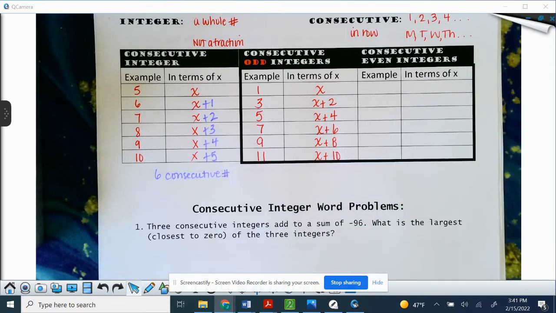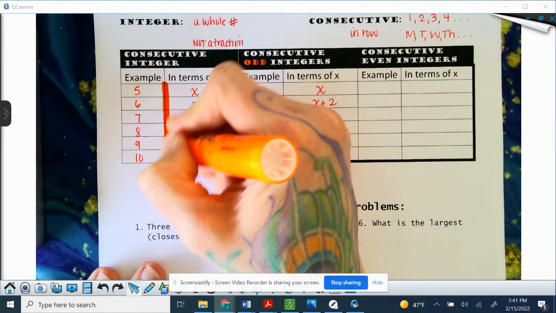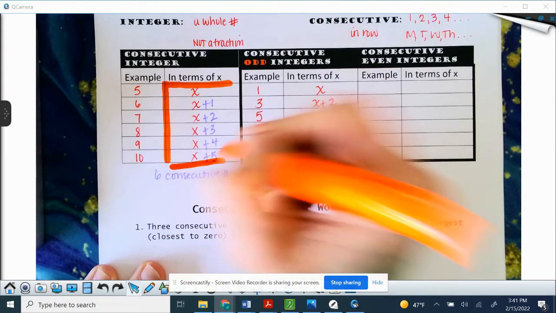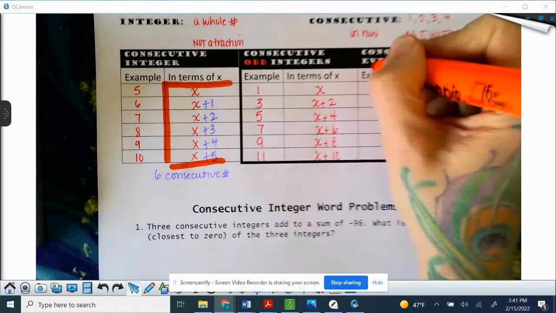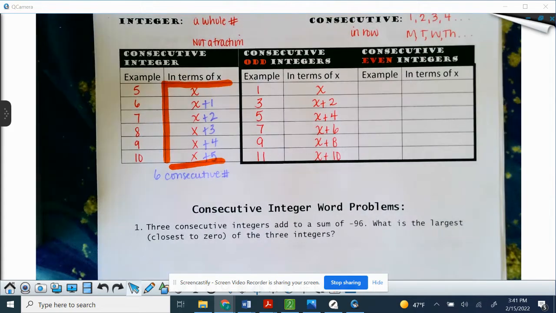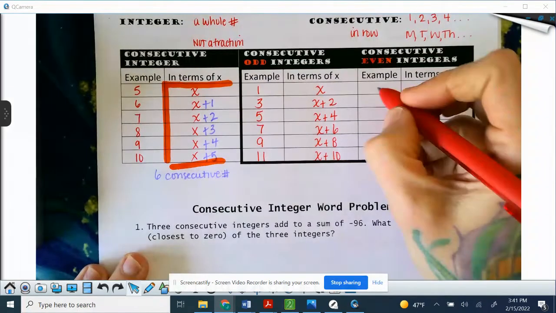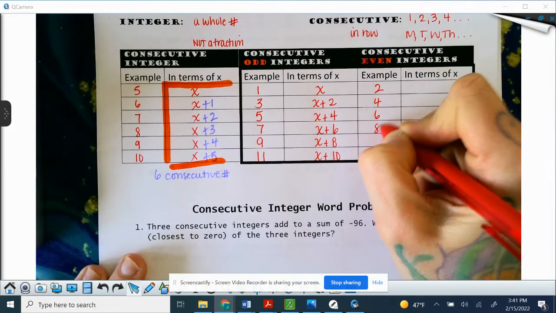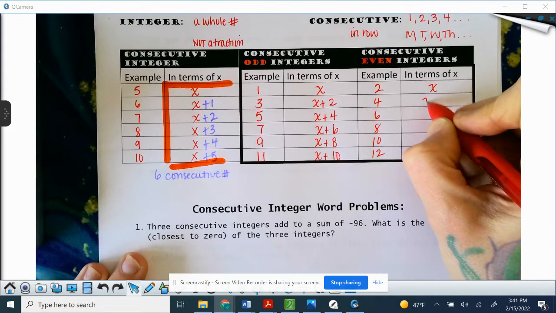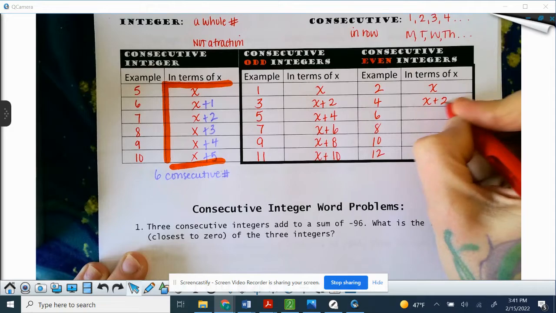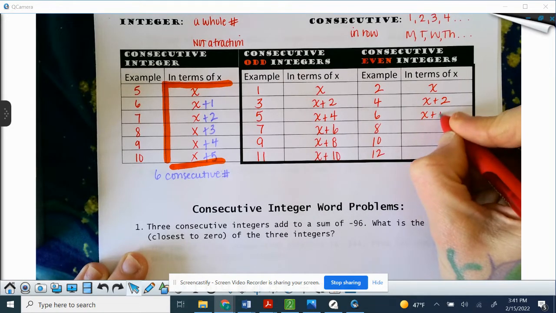So again, you remember these tables are what you're going to need. This one is in bold because you're about to see that even for even integers, so odd versus even, let's say 2, 4, 6, 8, 10, 12. So if 2 is x, then I added 2 to get to 4. Then I added 4 to get to 6.